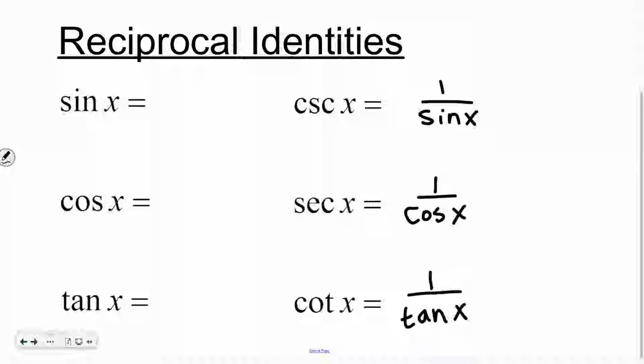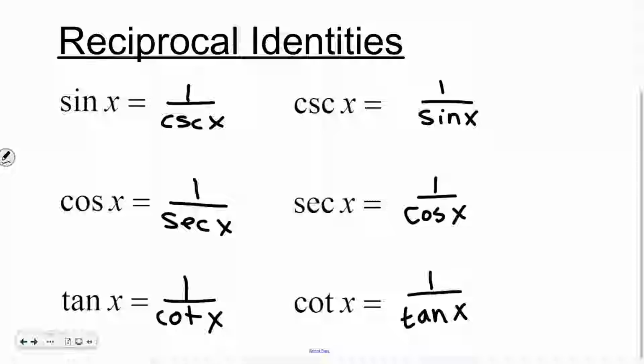Less likely to use this to do actual math because we feel more comfortable with sine, cosine, and tangent. So for sine, we're just going to say that it's 1 over cosecant. Cosine is 1 over secant, and of course tangent is 1 over cotangent. And so we're less likely in chapter 4 or other chapters to use that because we're more comfortable with sine, cosine, and tangent.